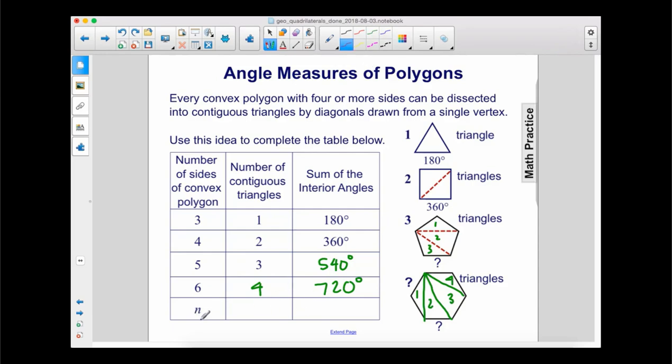If you have n sides, that means that you can draw n minus 2 triangles, so like 3 minus 2 gives you 1, 4 minus 2 gives you 2, 5 minus 2 gives us 3, 6 sides minus 2 gives us 4 triangles, so we have n minus 2, and that gives us n minus 2 times 180 degrees as the sum of the interior angles.